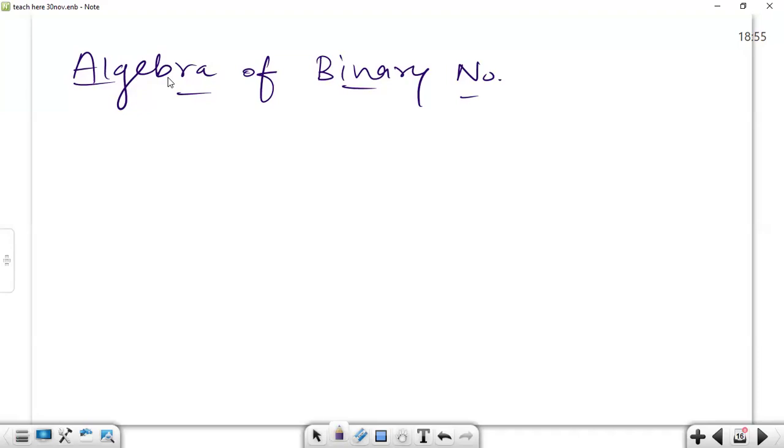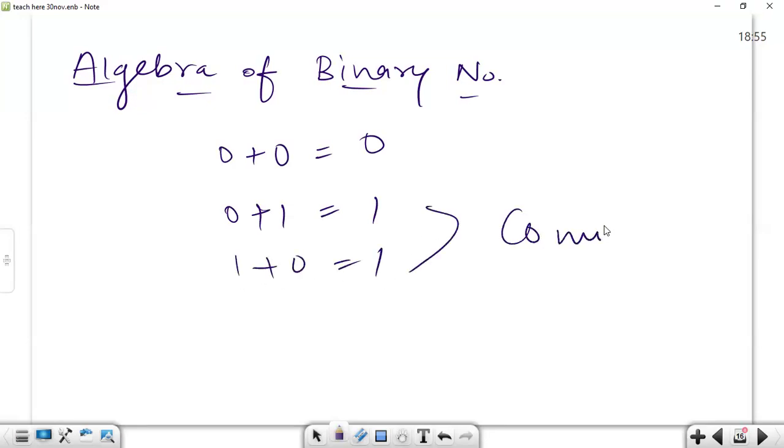Now if we have used both of the digits 0 and 1, we have to use the next place. So simple, 0 plus 0 will be 0. If we write 0 plus 1, it will be 1 simply. If we write 1 plus 0, it's 1. So it's basically commutative.